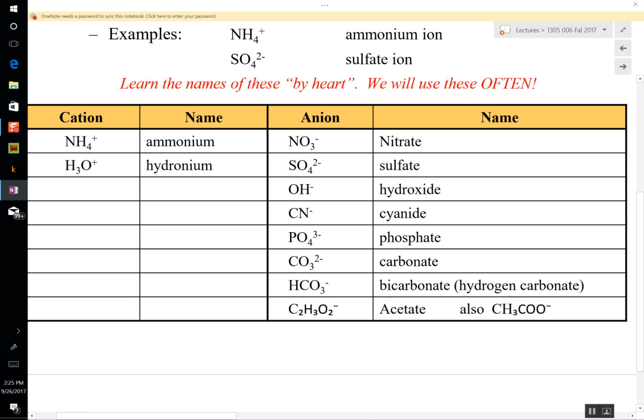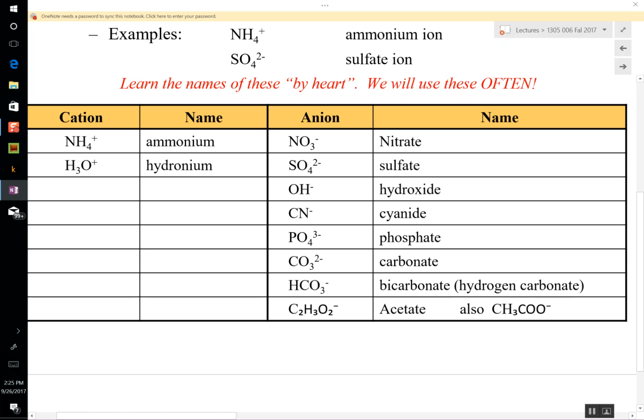I mean, they do have different charges, but sulfate is always going to be -2, hydroxide -1, cyanide -1, phosphate -3, carbonate -2, bicarbonate -1, and acetate. There are many more of these. There's nitrite and sulfite.